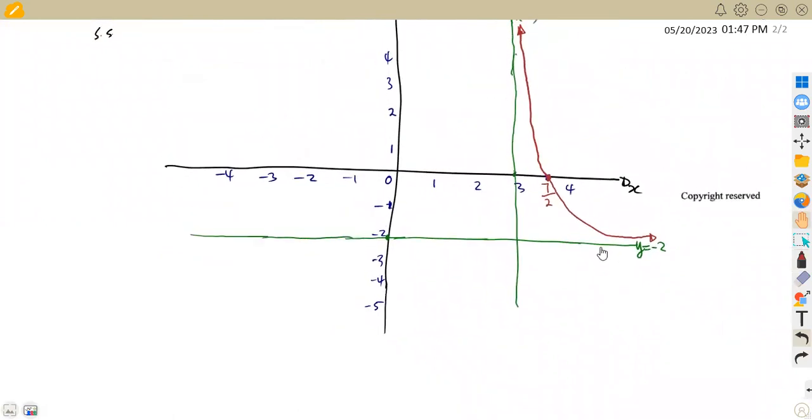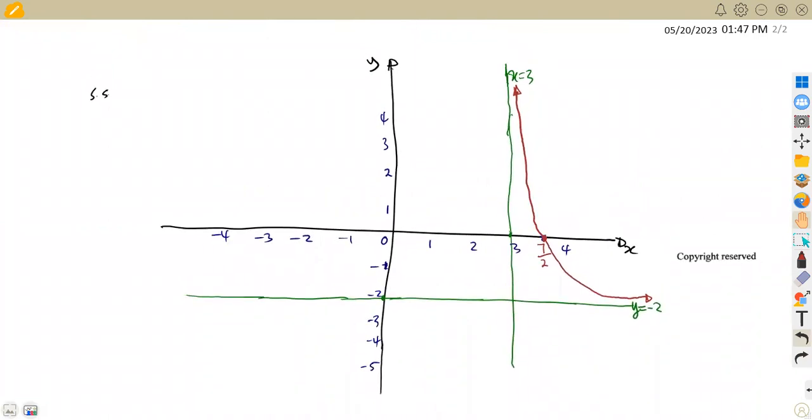We shall have the curve meet the y-intercept at this point, and it is going to approach the line x is equal to 3, but it won't reach this line, because that's an asymptote. It also won't cross the line y is equal to -2, because that's an asymptote. All right, so this is our curve for f.